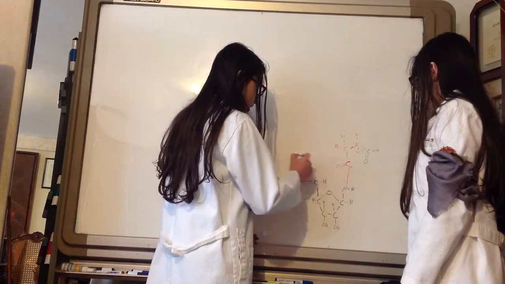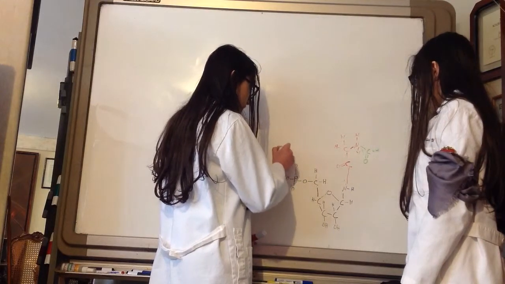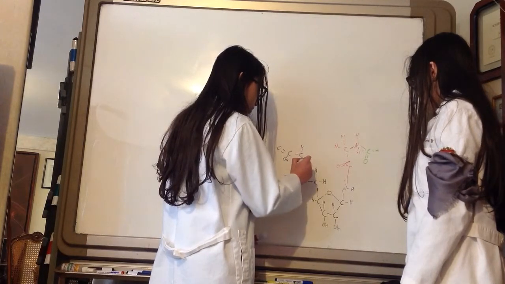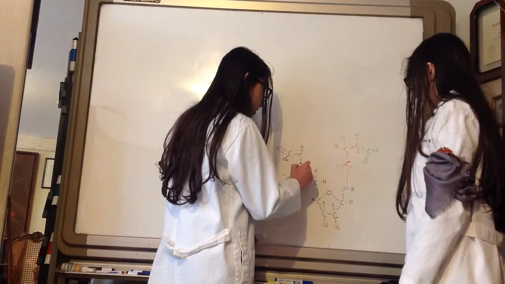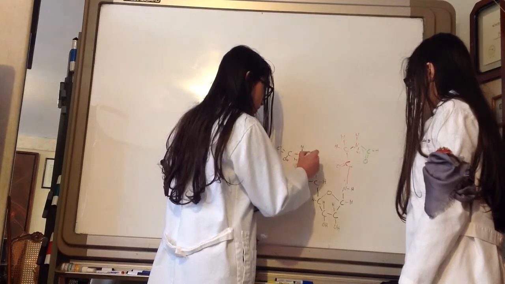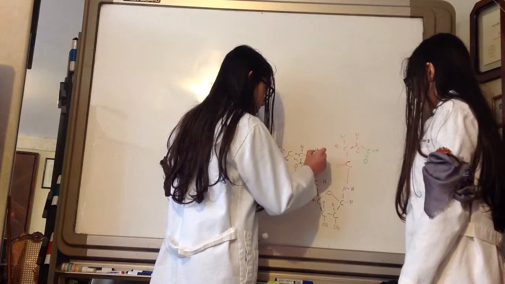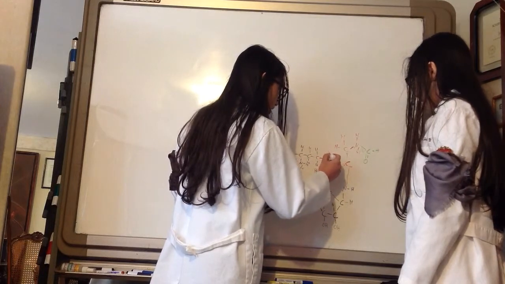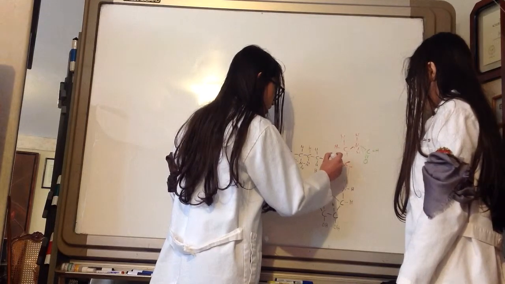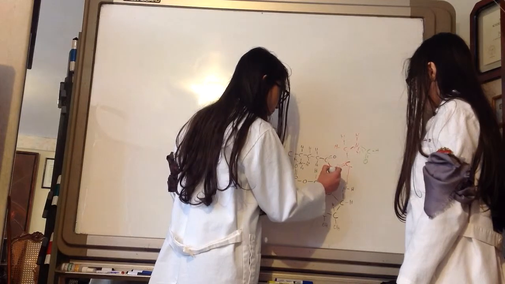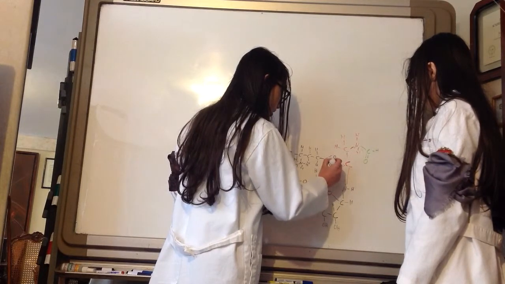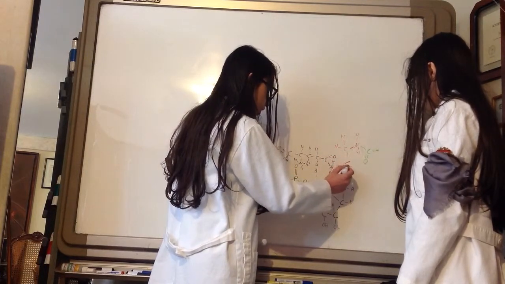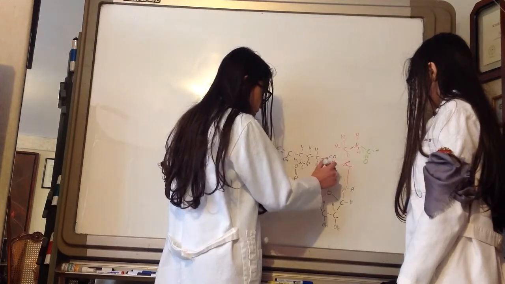The glutamine has the carboxyl group, the alpha carbon, the amino group, two carbons each with two hydrogens, and a carbon with an oxygen and an amino group, and this amino group is going to join to this carbon and is going to release water.